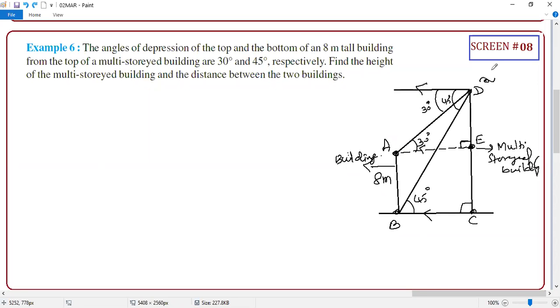Same thing here. The same observer is looking at the foot of the building, which means the bottom of the building. If someone from here wants to look, the same angle he looked down, the same angle he has to look up. This is the property of angle of elevation and angle of depression. You can apply either one.